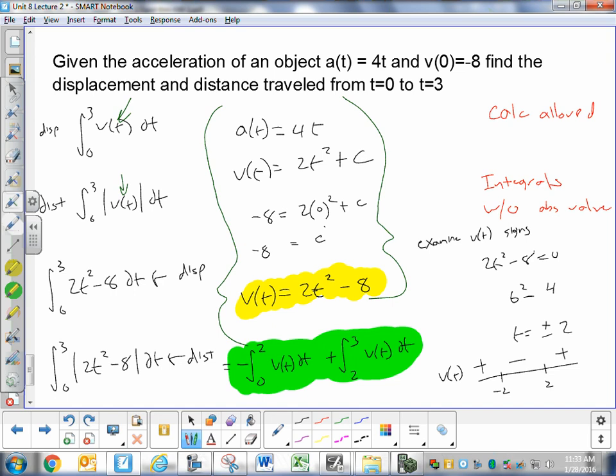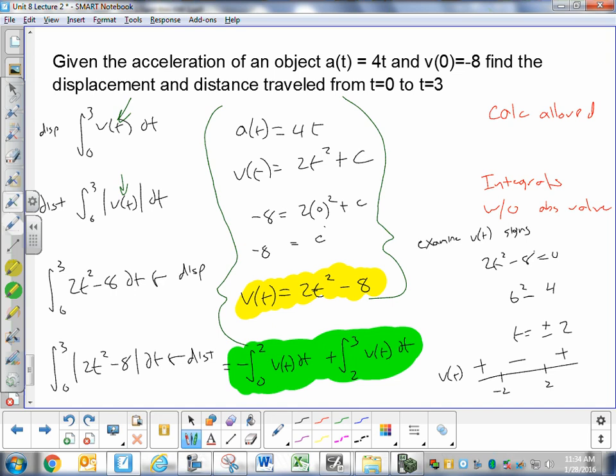If you want to go a step further and write your integrals without an absolute value, which you will be asked to do, you need to examine the signs of your velocity, set your velocity equal to 0, and figure out t is going to be equal to plus or minus 2 to make this true. That means your velocity is going to be negative from -2 to 2. That means we'll take the opposite of my negative displacement from 0 to 2 and add my positive displacement from 2 to 3.